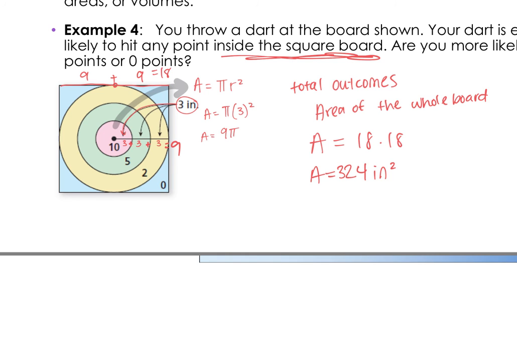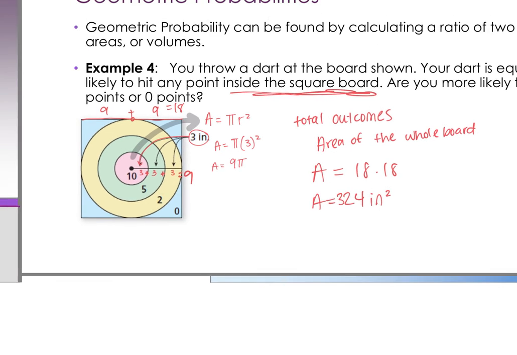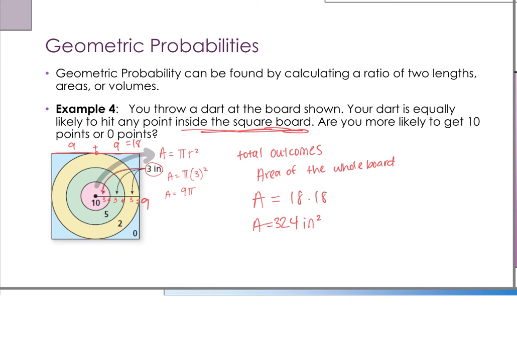Other questions? Yeah, Carlos? So when we're finding the probability of hitting the 10, it will be the area of the 10 over the total area.